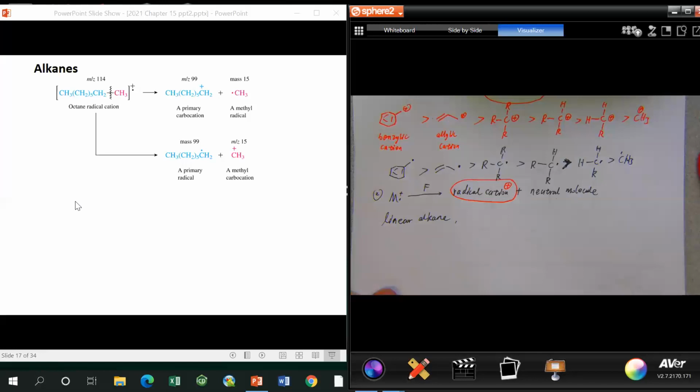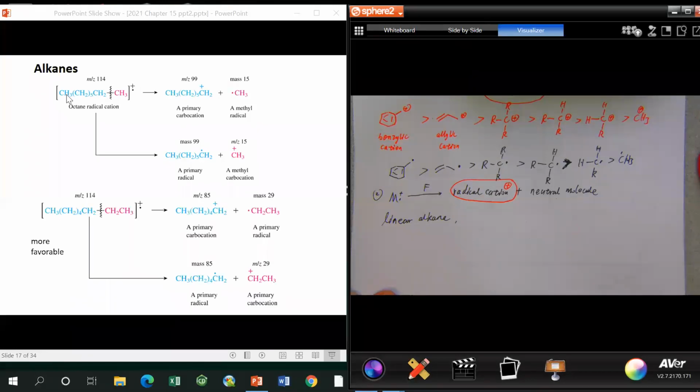Normally you can break from the end of the carbon chain, one by one, but the more common case is breaking in the middle of the carbon chain. The reason is that if you break from the end of the carbon chain, you release either a methyl radical or a methyl carbon cation. Both are very unstable, so it is less likely.